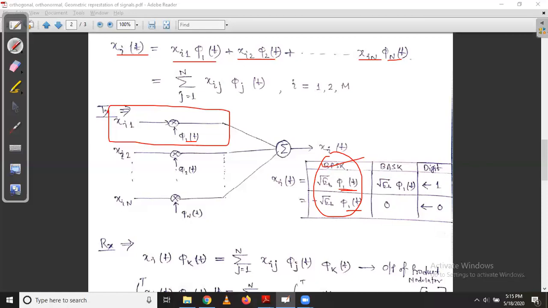So this is the modulation portion, or the transmitter section. Whatever the modulation techniques are, the basic principle is this block.